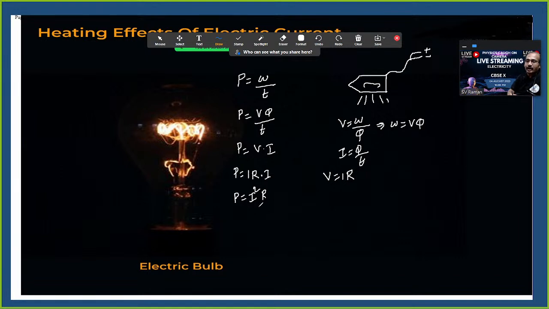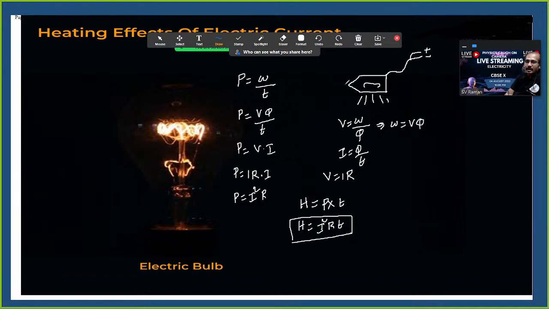Now power P we got. Finally, what do we need? Heat energy. When can we get heat energy? We need to give power, and it will take some time. So H is equal to P into T. H is equal to power P, which is I square R, into T. So this is the way H is equal to I square RT we derived.